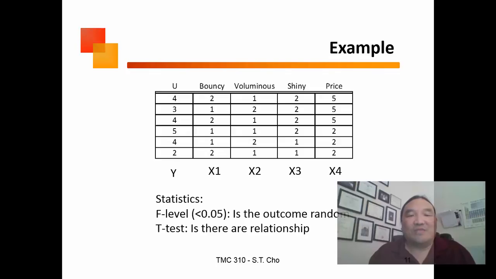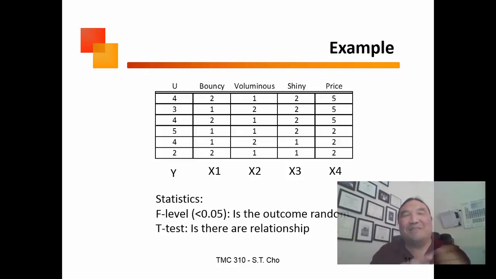What you're looking at is an F statistic or a T statistic. An F statistic level means, is the outcome random? If the outcome is random, then it doesn't mean anything. And the reason why is because you're trying to get a systematic answer to this. You want to know what people really think.